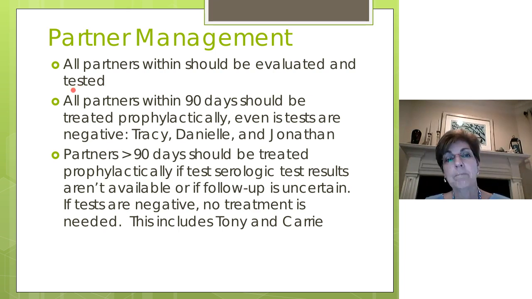Partners greater than 90 days should be treated prophylactically if the test results aren't available, if they can't get serologic tests, or if follow-up is uncertain. Sometimes you get a patient who is just not reliable, so you want to err on the side of caution.